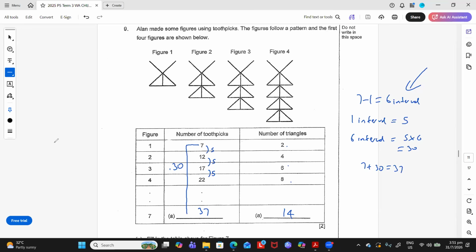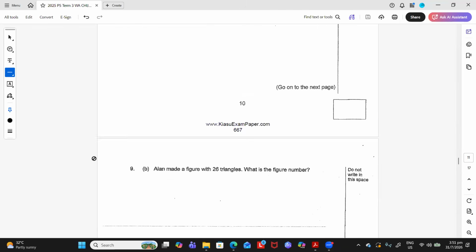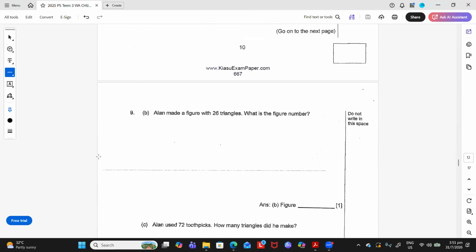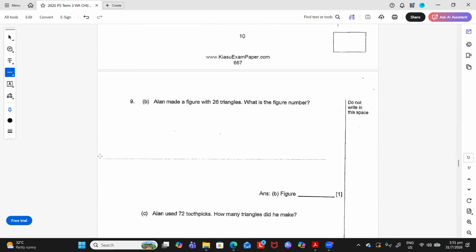Okay. Let's do part B. So Alan made a figure with 26 triangles. Okay, so let me write down the table for you at the side here. So there is figure 1, that figure number, toothpicks. I just put toothpicks and then triangles, okay?